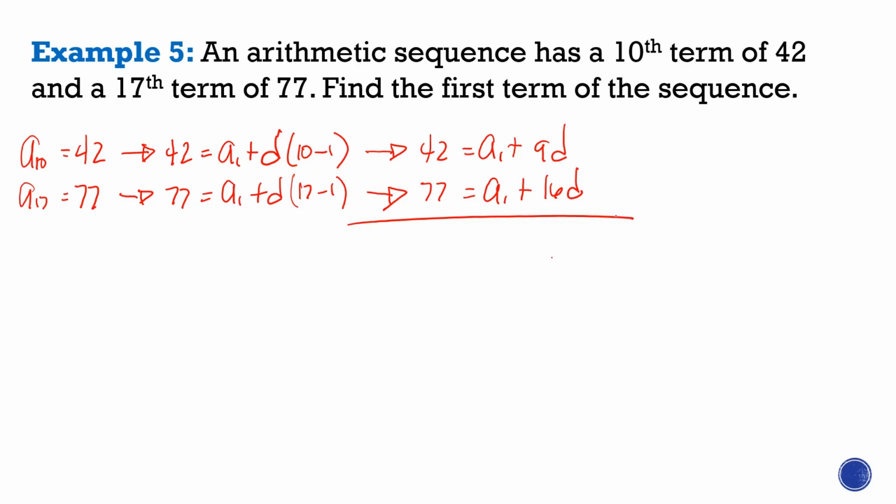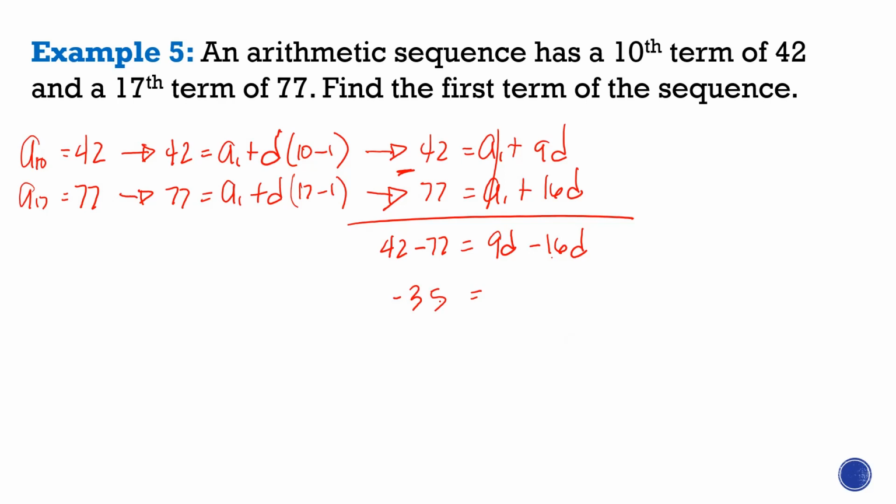Okay. And then we will subtract them, right? So 42 minus 77 equals, cross that out, 9D minus 16D. So 42 minus 77, sorry for my handwriting, is equal to negative 35.